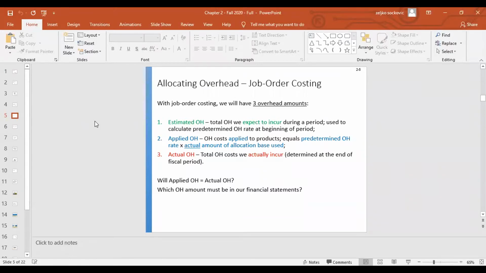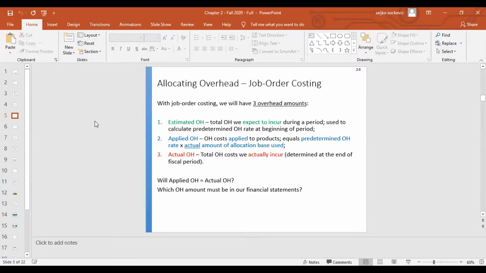That's the key word. It's kind of our prediction, right? Prediction, how much overhead we will use during the period. Usually it's done for the whole year in advance. So on January 1, we want to have some estimate of overhead and say, we think we will use $1 million of overhead this year from January 1st to December 31st.